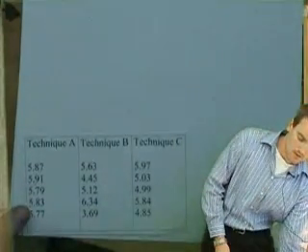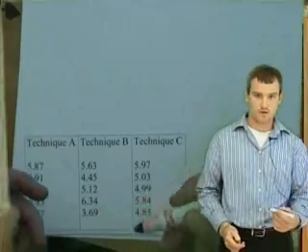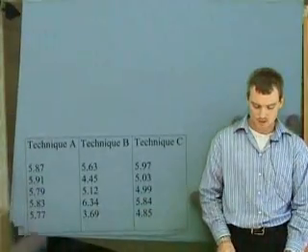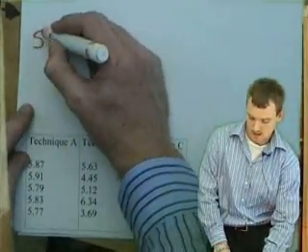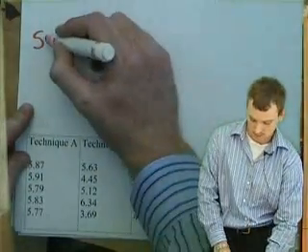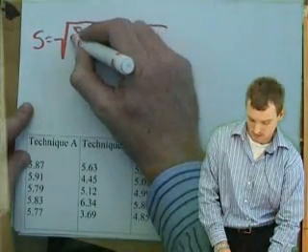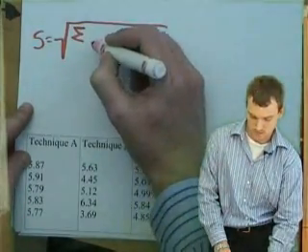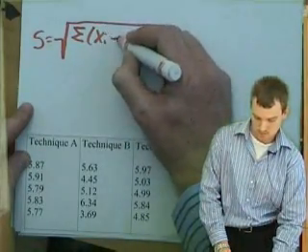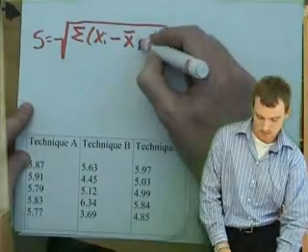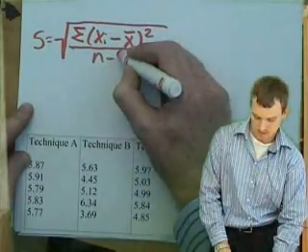For part D, we're going to be solving for the standard deviation, which is probably the most complex and time-consuming of the calculations. Basically, we set it up like this: S, our standard deviation, is equal to the square root of the sum of (xi minus x) squared, divided by n minus 1.